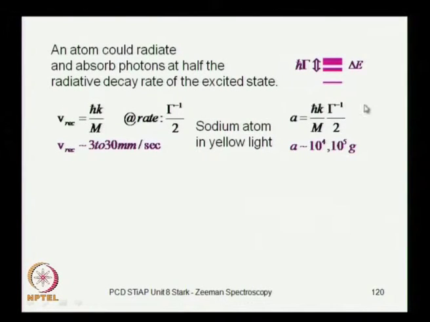So, you can estimate how long it will take, because if you plug in these numbers for the sodium atom, for example, if you consider its lifetime and mass and so on, the resulting accelerations are as large as 10 to the 4 or 10 to the 5 times the acceleration due to gravity.